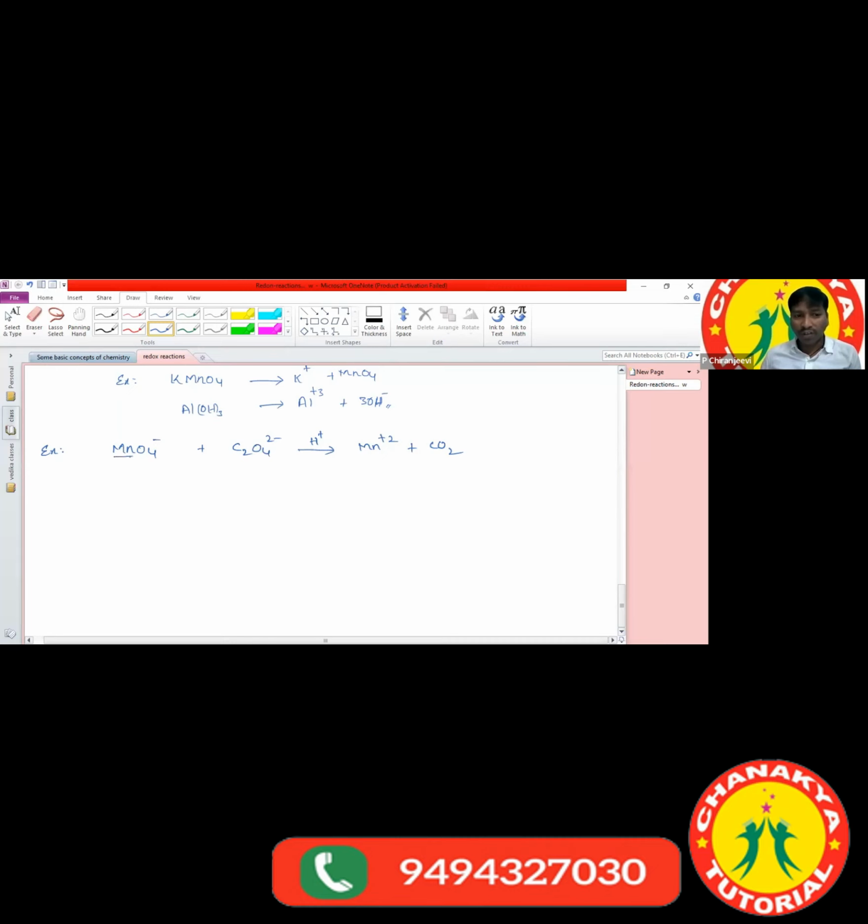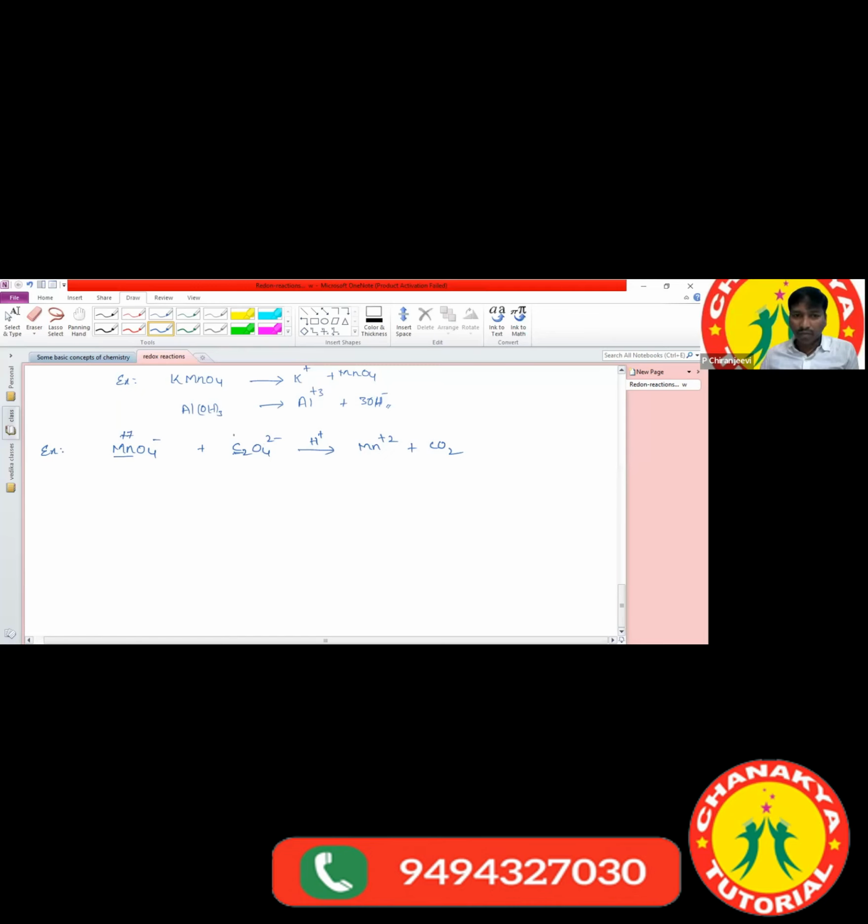Okay, in this one, what is the oxidation state of the manganese in MnO4 minus? +7. Very good. The oxidation number of manganese in MnO4 minus is +7. And what is the oxidation number of the carbon in oxalate ion, C2O4 2 minus? It is +3.